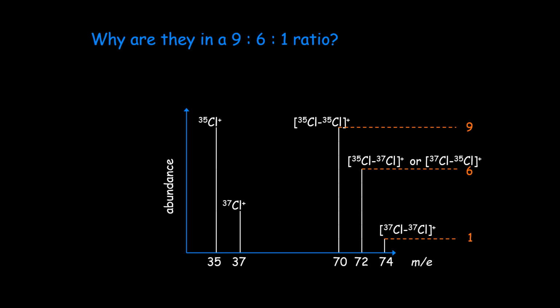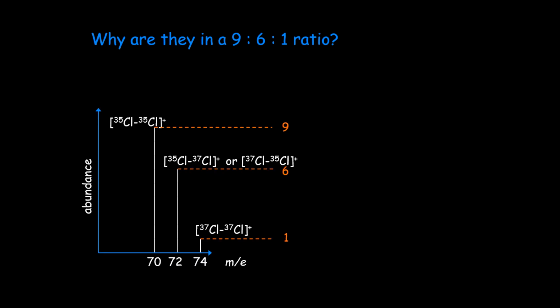Now why 9 to 6 to 1? Well, this is all to do with probability. And we know that chlorine 35 is 3 times more abundant than chlorine 37. Now as a fraction, that's going to be 3/4 to 1/4. So for the 35-35, it's going to be 3/4 times 3/4, which is 9/16.